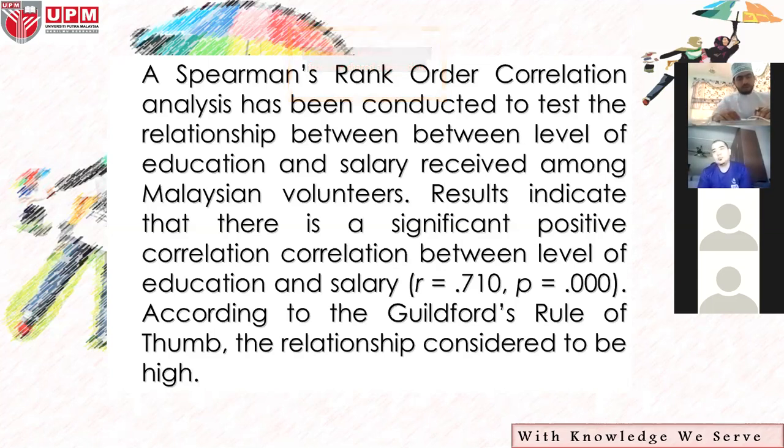They just volunteer part-time, so they have their own commitment in their organization. Result indicates that there is a significant positive correlation between level of education and salary. So R equals 0.710, significant value equals 0.00, and according to the Guilford rule of thumb, the relationship is considered to be high.